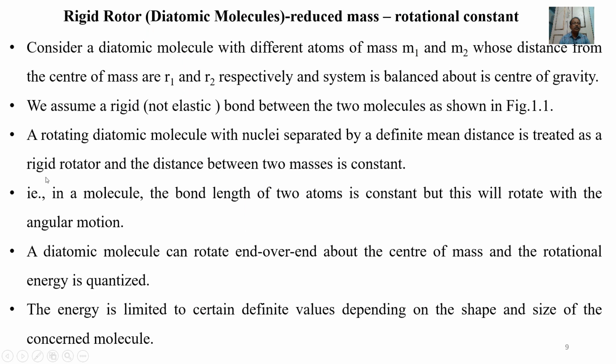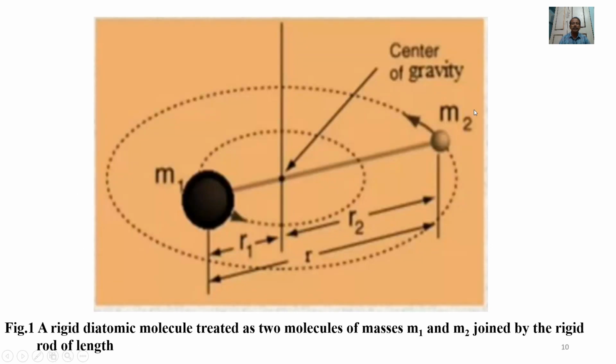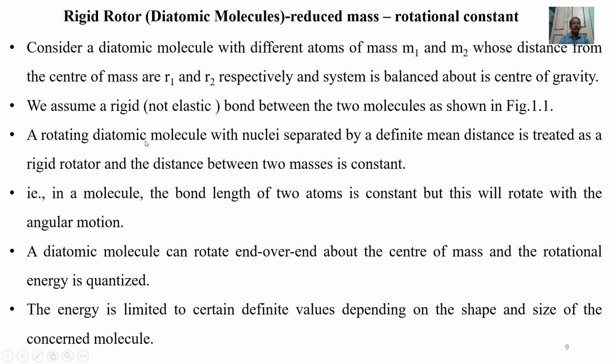So we assume a rigid, not elastic, bond between the two atoms, as shown in figure 1.1. A rotating diatomic molecule with nuclei separated by a definite mean distance is treated as a rigid rotator, which we study at the macroscopic level, and the distance between the two masses is constant.